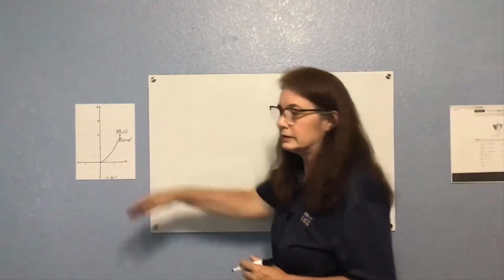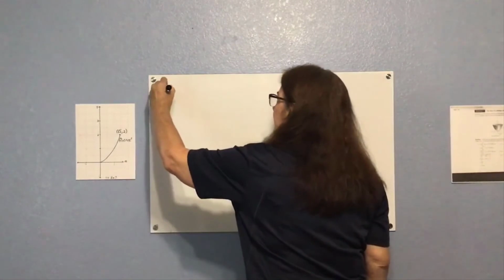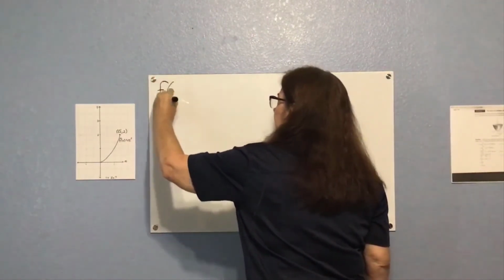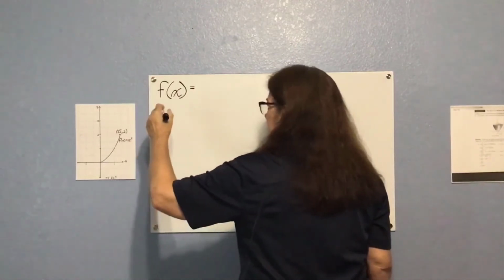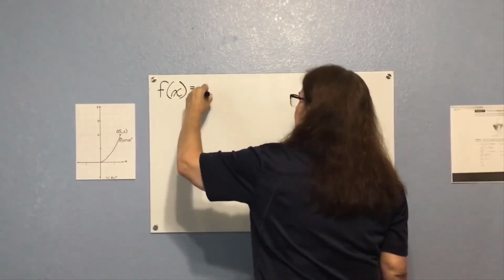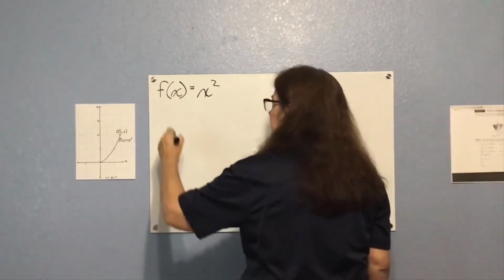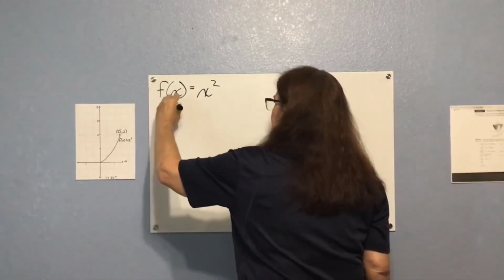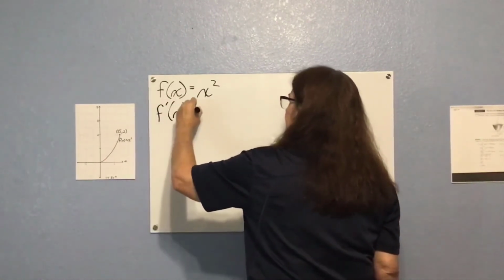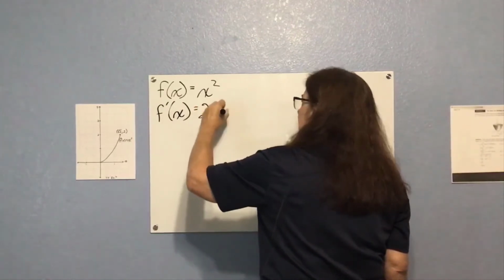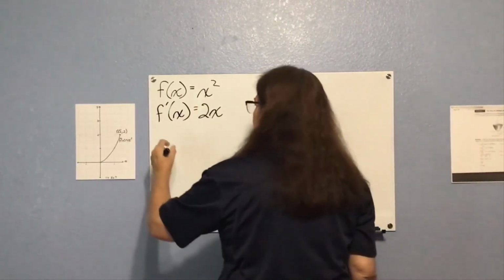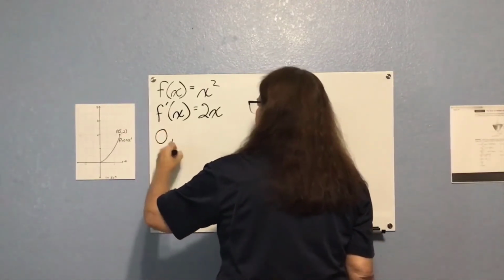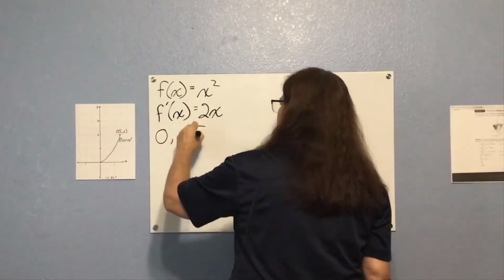Okay, for this curve, our function is f of x is equal to x squared. F prime of x then would be 2x. And we're going to go from 0 to square root of 2.